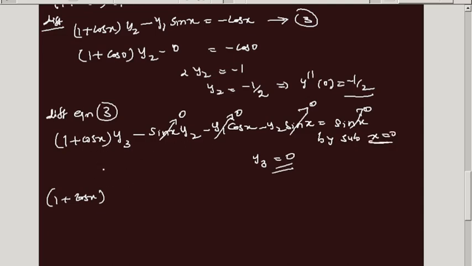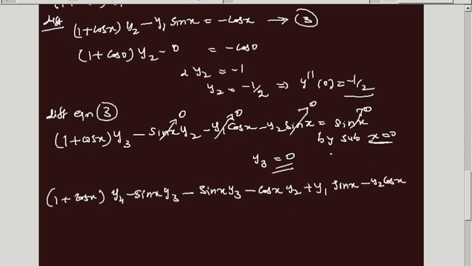Here I am differentiating: (1 plus cos x) into y4, minus sin x into y3, applying the product rule, minus sin x into y3 minus cos x into y2, plus y1 into sin x, minus y2 into cos x, minus y2 into cos x, minus y3 into sin x, equal to cos x.